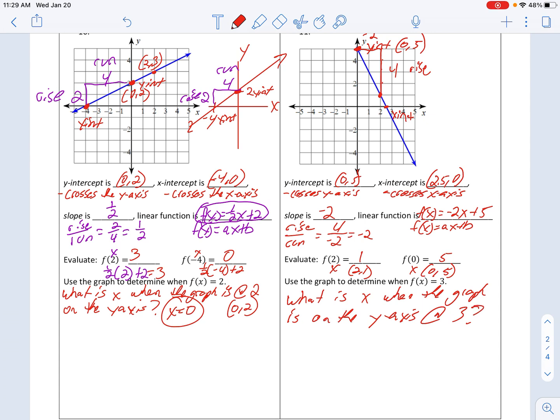That's essentially what that's meaning. So we want to go find that y-axis. Where's 3 located? Okay, the y-axis is here. 3 is right here. So that location is at x equals 1, (1, 3). And I shouldn't say y-axis, but the y-coordinate.